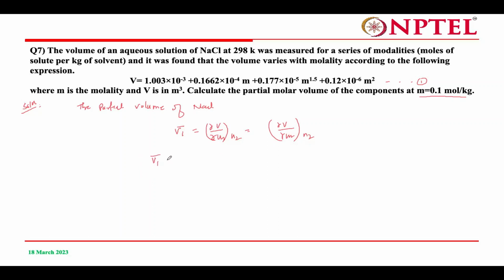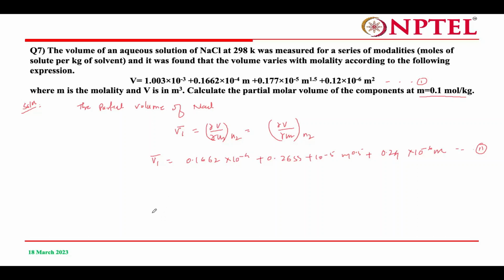So for V1 bar we will get 0.1662 times 10 raised to power minus 4, plus 0.2655 plus 10 raised to power minus 5.5, plus 0.4 times 10 raised to power minus 6 meter. This is equation number 2.